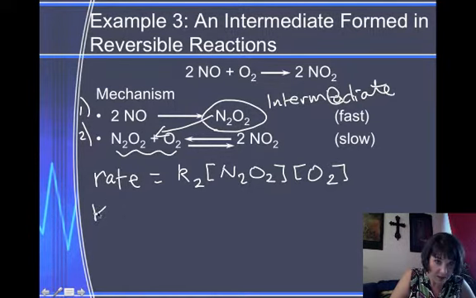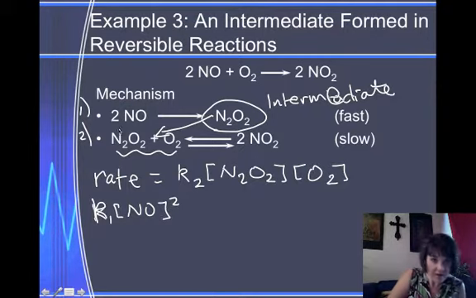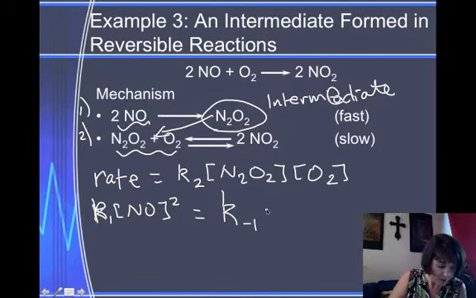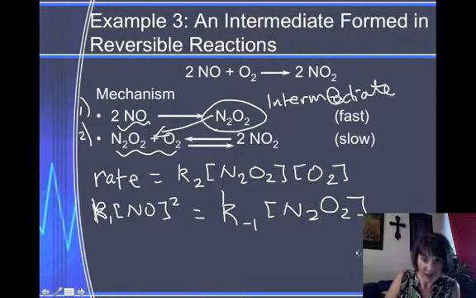So k1, my rate law constant for my first reaction, times [NO]², because we have to have two of these collide to form N2O2, is going to give me the reverse of the formation of my intermediate, N2O2.